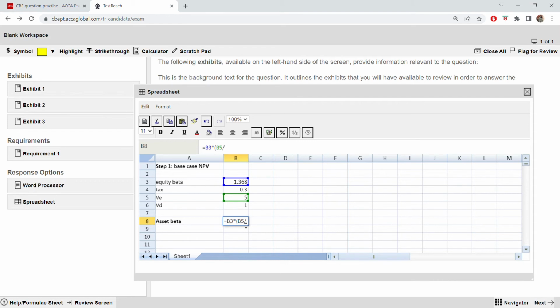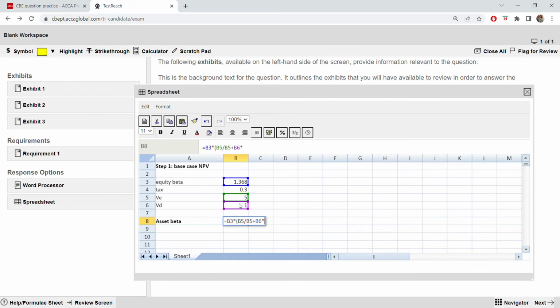You will not get division on your laptop, so that's slash. Divide by VE plus VD into 1 minus tax. So VE is what? 5 plus VD is 1, into 1 minus tax.